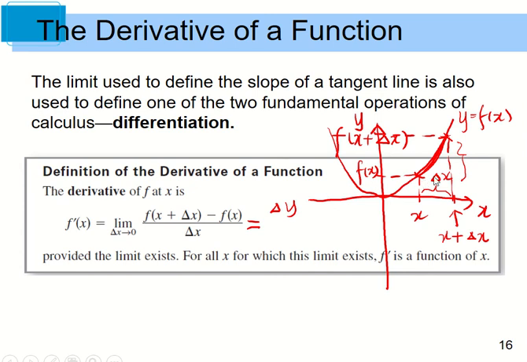Now remember when we discussed the graph, we also mentioned that these 2 points must be very close to each other, right? So we need to zoom in very close so that this curve appears to be a straight line. How do we show that these 2 points are very close to each other? We use the concept of limit. We say that this difference of x must be very, very small and approach 0.